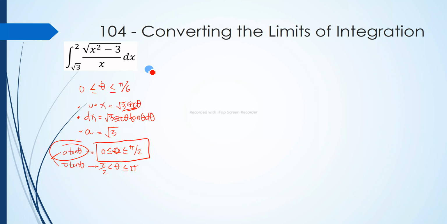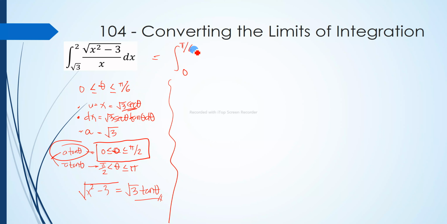Okay, don't forget again that our square root of x squared minus 3 is equal to a tangent theta or square root of 3 tangent theta. Okay, let's continue. We have the definite integral. Then our lower limit is from 0 to pi over 6. Square root of x squared minus 3, that is just square root of 3 times tangent theta over x. X is just square root of 3 secant theta.